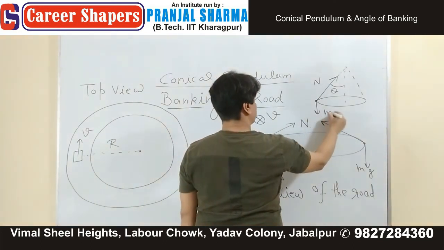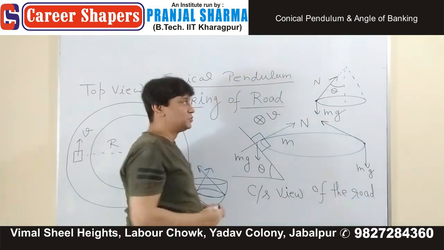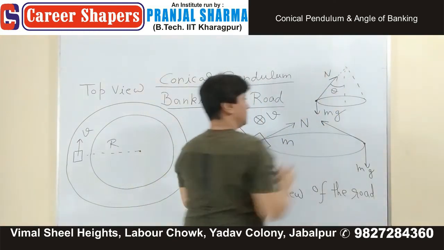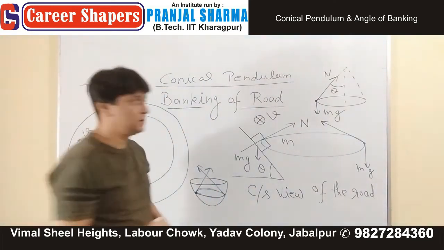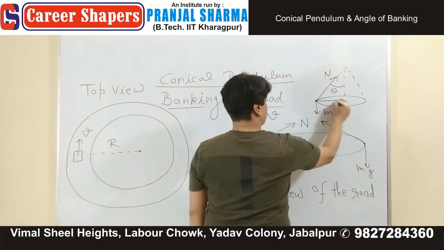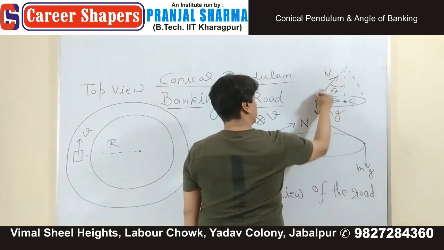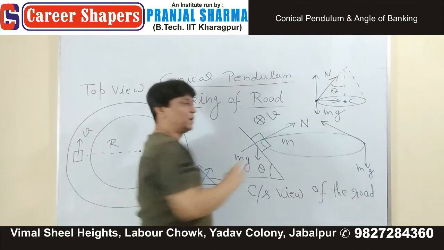What was this force? mg. So this force is mg. This is N. What was the next thing which we did? We took this component towards the center, this component which was the vertical component.